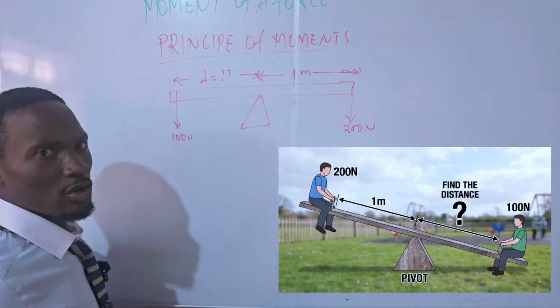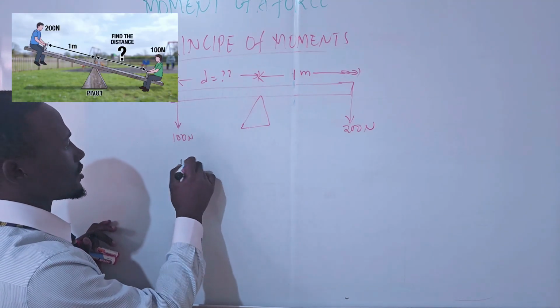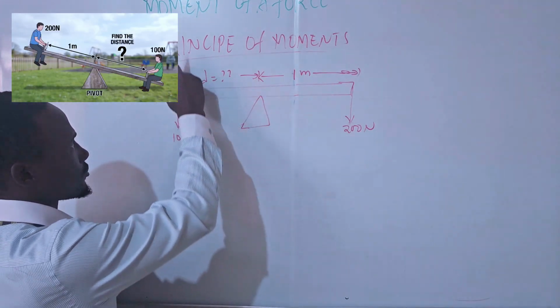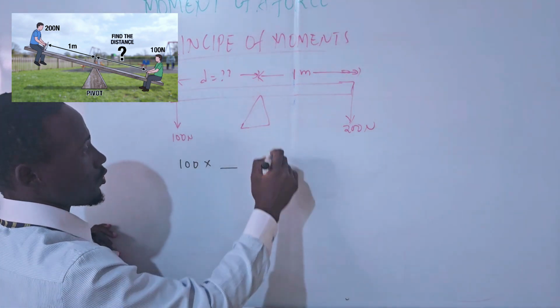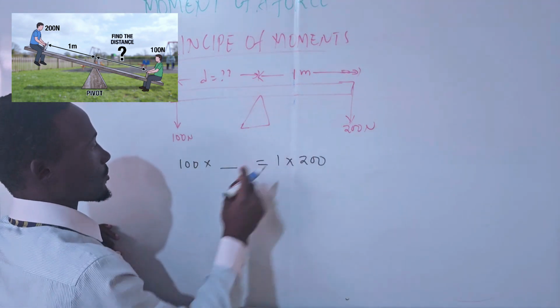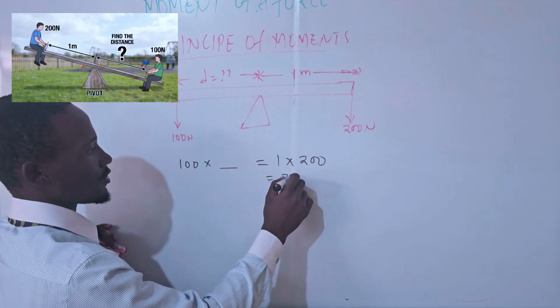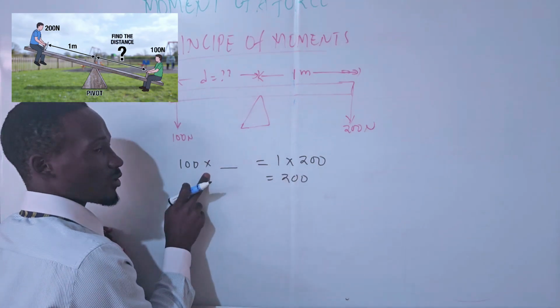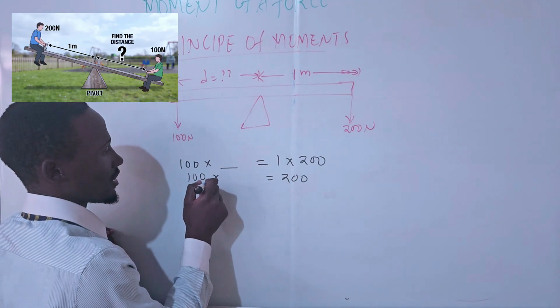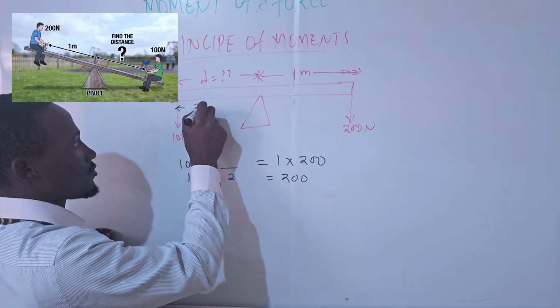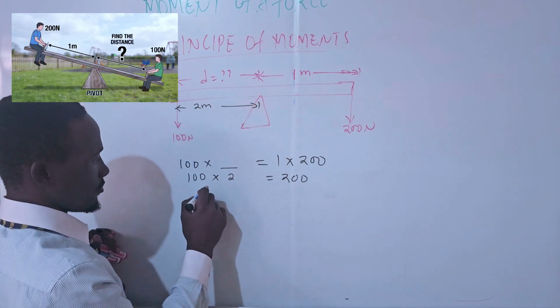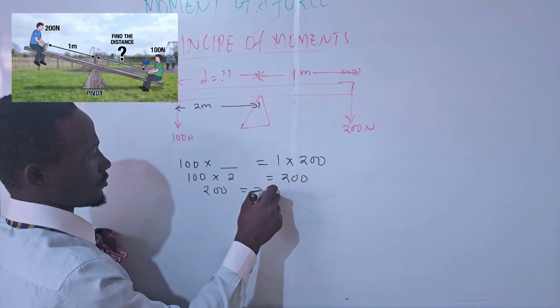Of course, by logic, someone will say 100 times this perpendicular distance, which we don't know, is equal to 1 times 2. If the other side is 200, to make this one 200, that would be 100 times 2. So this boy will have to sit 2 meters. Why? Because then 200 is equal to 200.